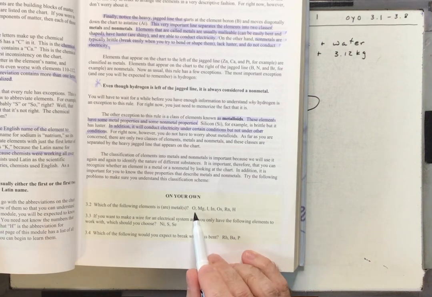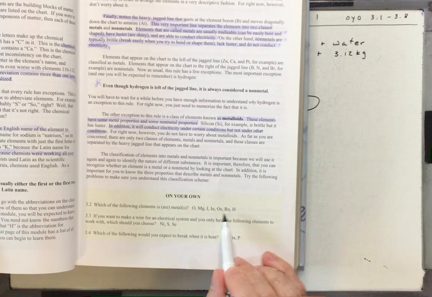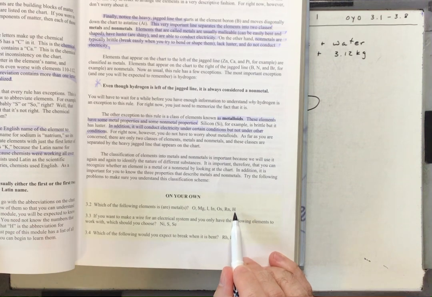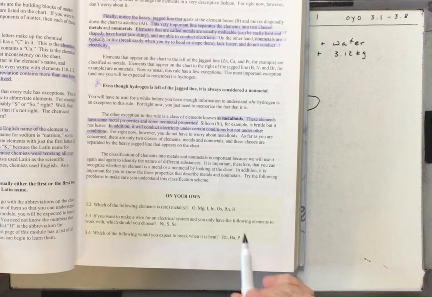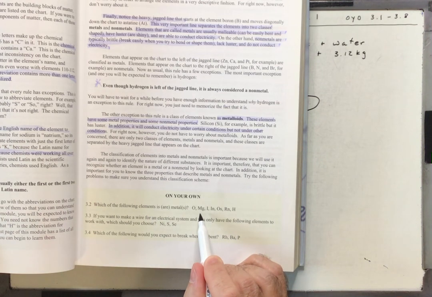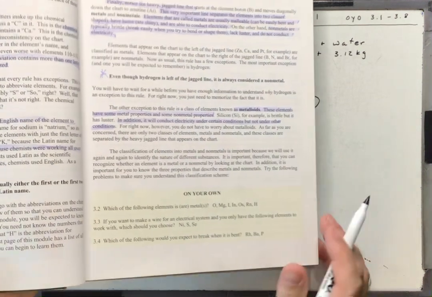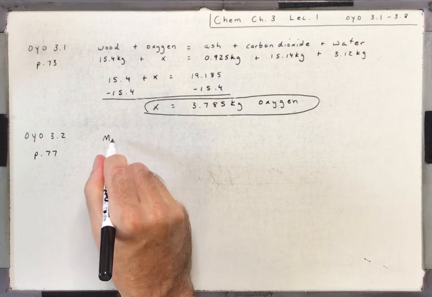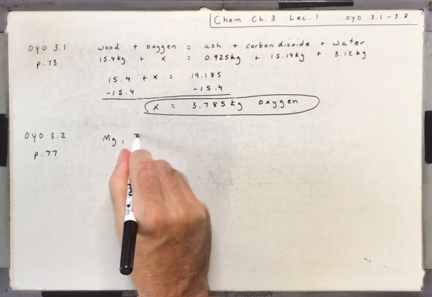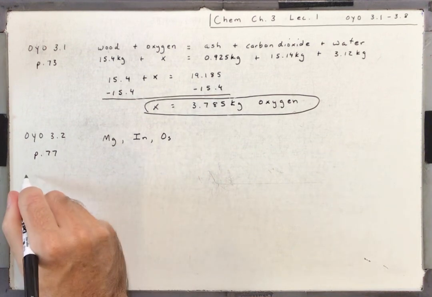So we have oxygen, magnesium, iodine, indium, osmium, radon, and hydrogen. So the ones that are to the left of the line are magnesium, indium, and osmium. All right, so you can find those on the periodic table yourself. That'd be a good exercise. But magnesium, indium, and osmium.